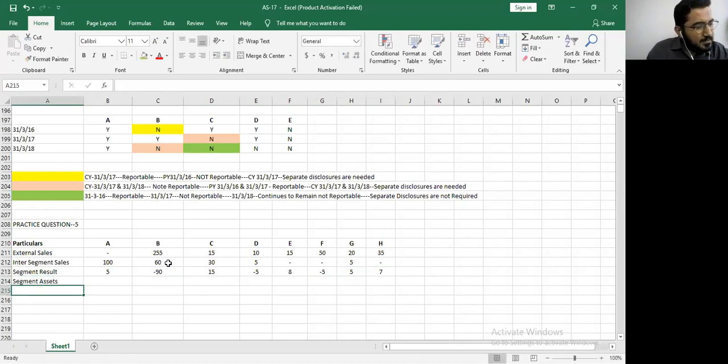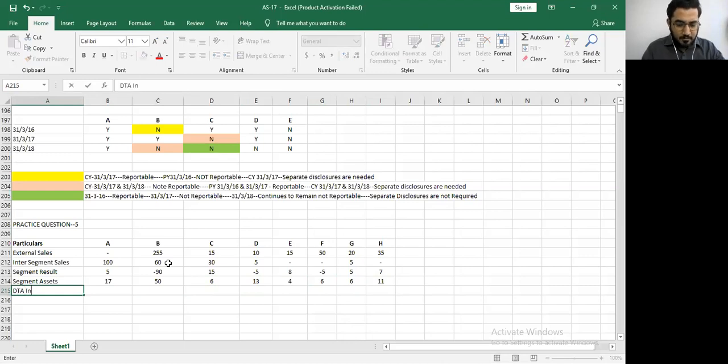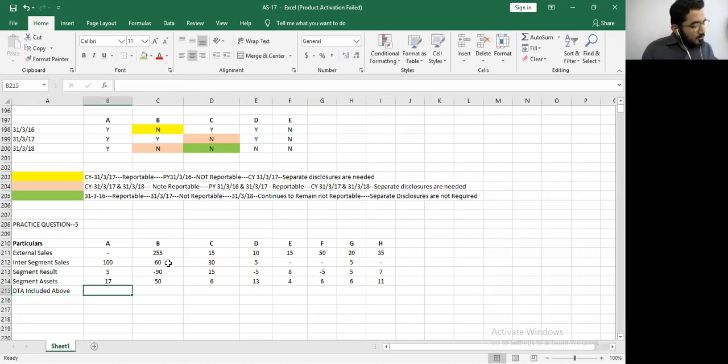Looking at the segment assets, you have segment asset of 17. So you have 17, then you have 50, 6, 13, 4, 6, 6, and 11. Then you have DTA also in this question. So DTA included above is 2, 3, 1, 2, 1, 1, 1, and 2.